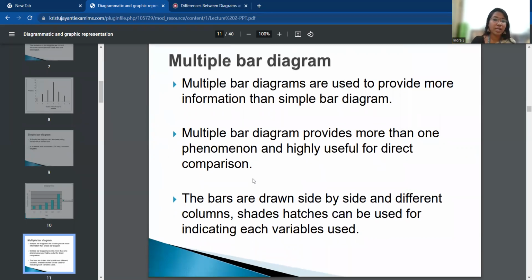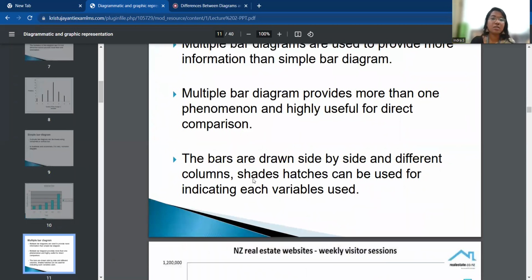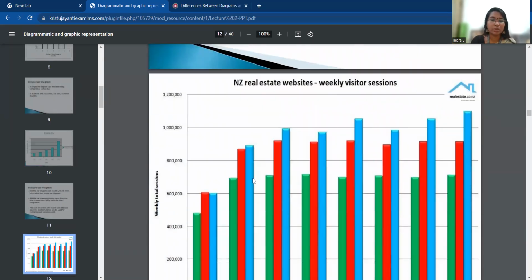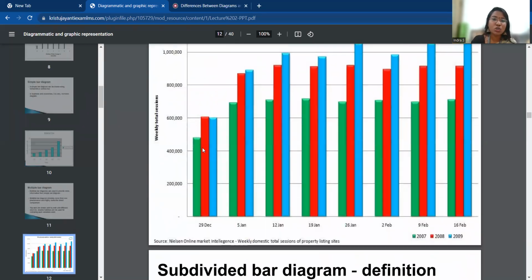It is also highly used for direct comparison, and the bars are drawn side by side, adjacent to each other, with shades or hatching, and can be used for indicating different types of variables. If you could see here, each bar has been attached, and each individual green, red, and blue is representing different types of data.